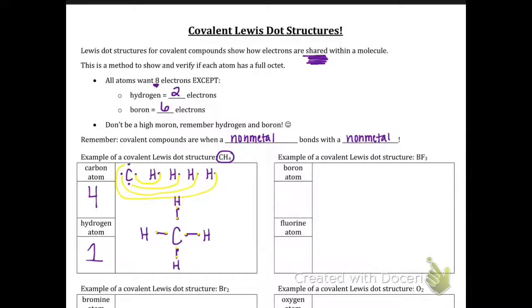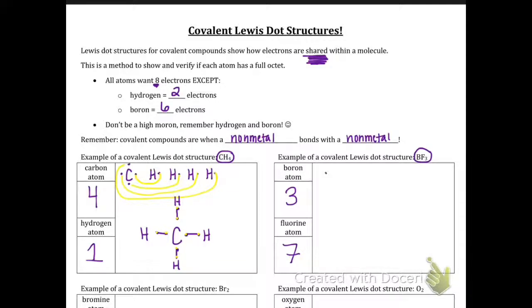Okay, so let's look at another example. Another example on to the right-hand side is BF3. Okay, so boron is in the 3rd column, so it has 3 valence electrons. And fluorine is in the 7th column, so it has 7 valence electrons. The compound is BF3, so let's draw this carefully.